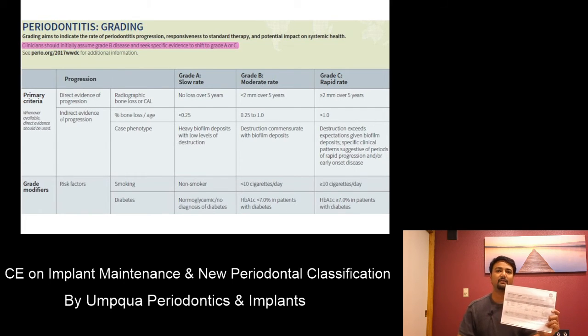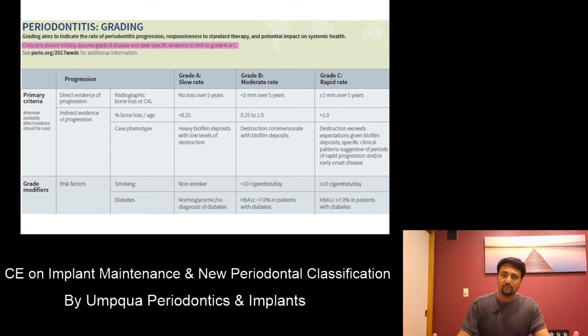If you have radiographs from within 5 years, and you see more than 2 millimeters of bone loss on those radiographs, then you can clearly say that the rate of progression is a rapid rate, which means grade C. On the other extreme, if you see no bone loss over the last 5 years, you can safely say it's a grade A, or a slow rate of progression of the disease.